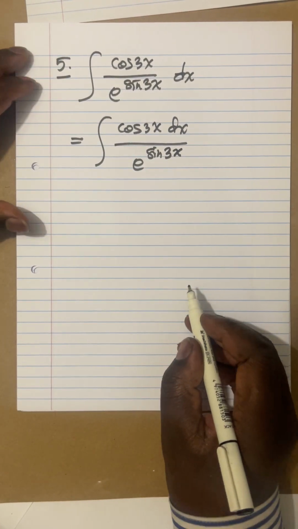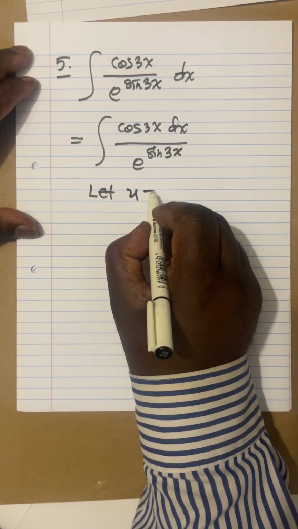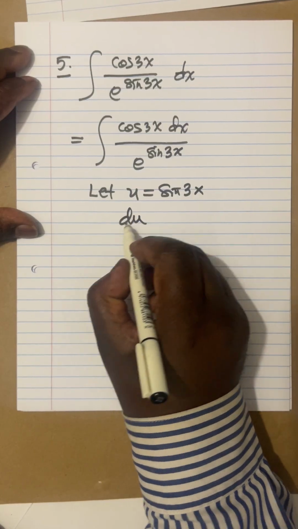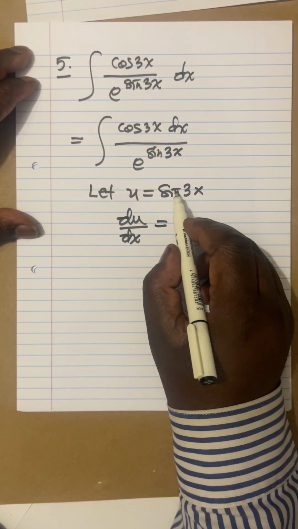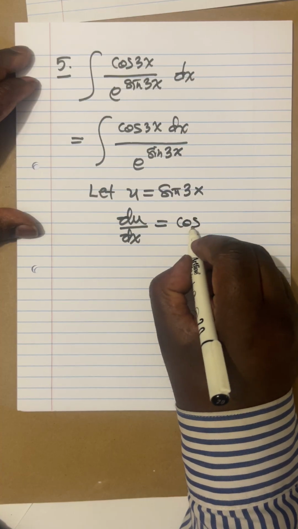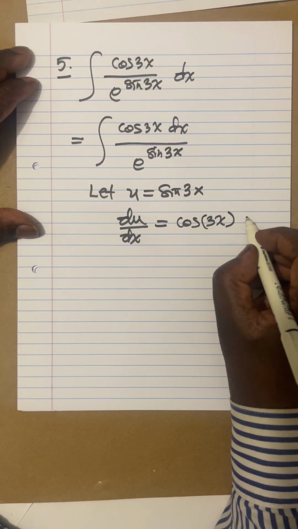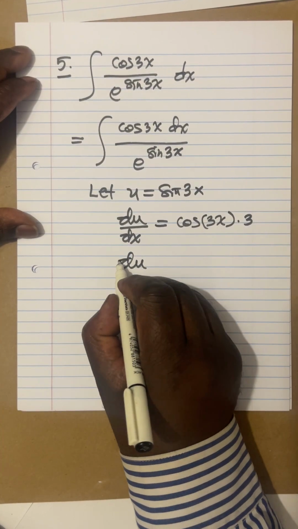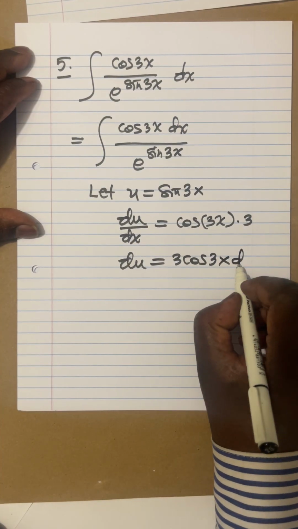Now at this stage I'm going to let u be equal to sine of 3x, and therefore du dx is going to be equal to, remember we differentiate sine first, which is cosine, and of course we have 3x, and then multiply by the derivative of 3x, which is 3. Multiply by dx both sides, du is equal to 3 cos of 3x dx.